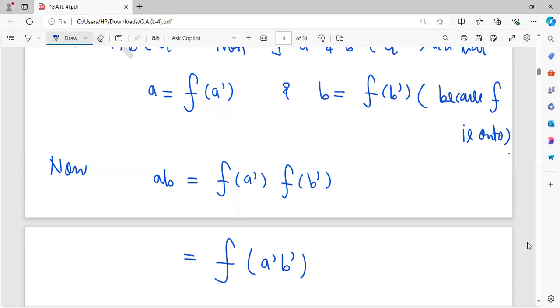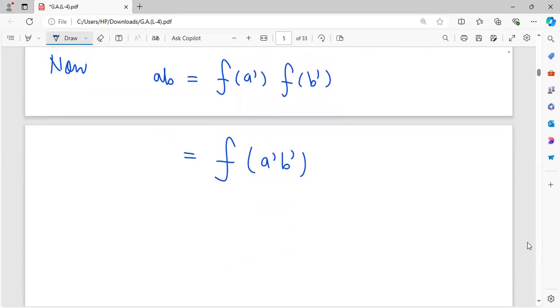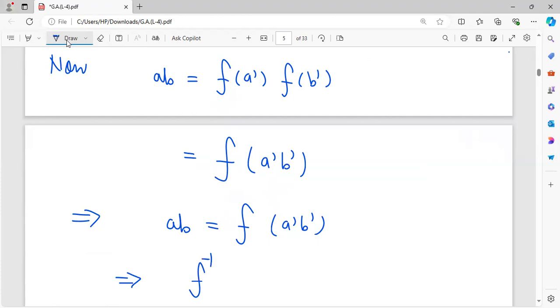Because the function is 1-1, we have f inverse of ab is equal to a dash b dash.